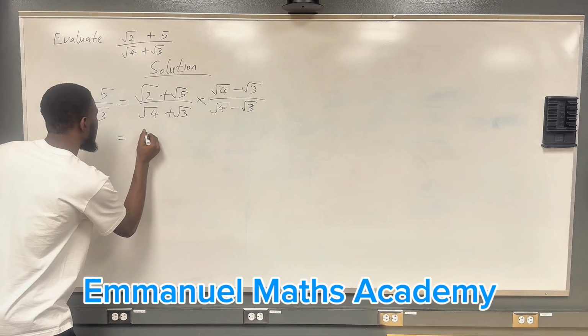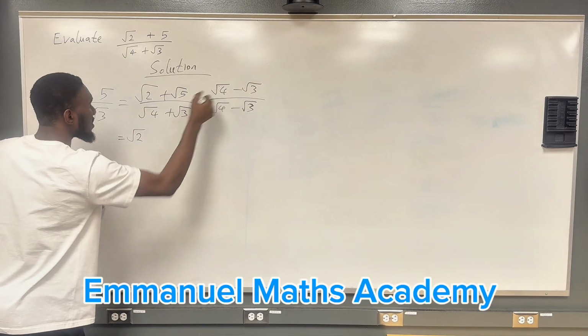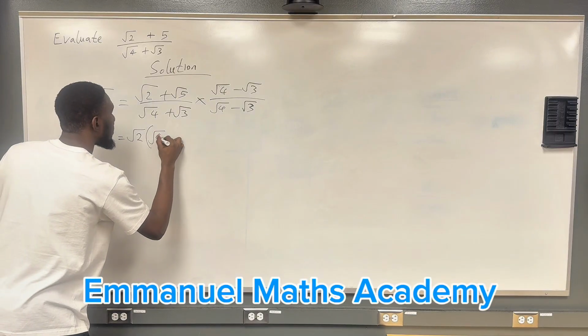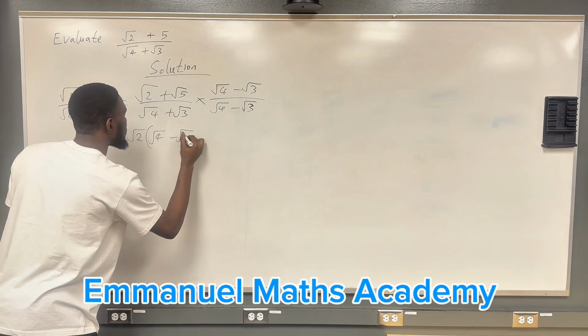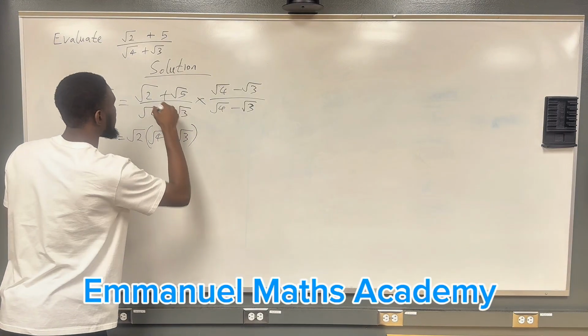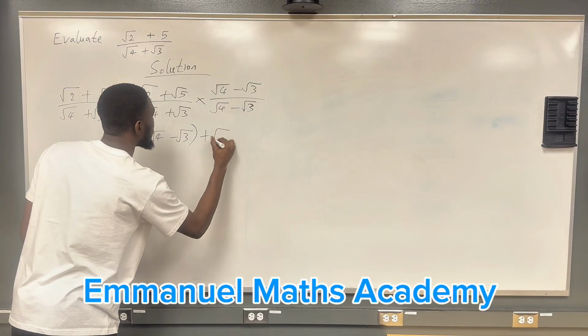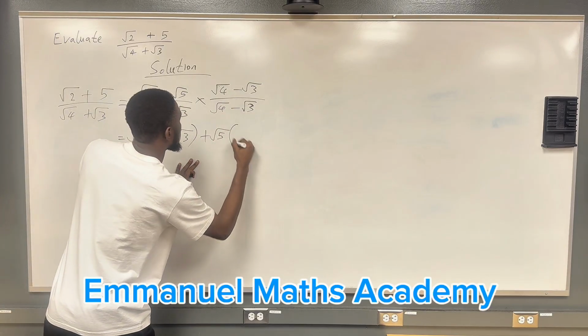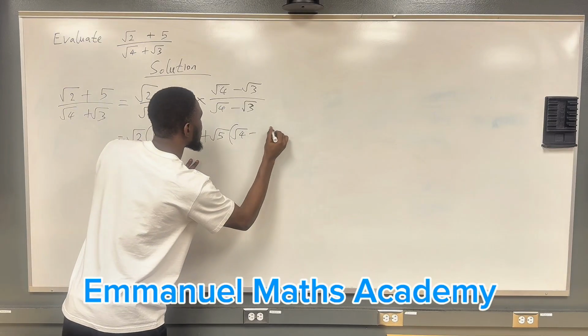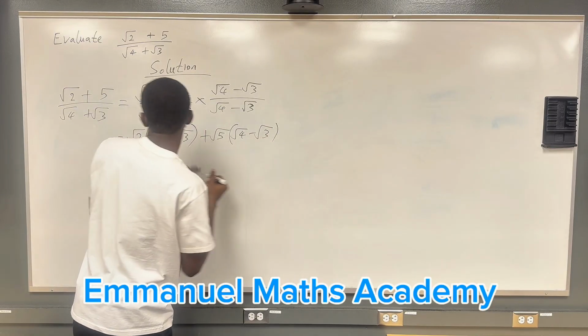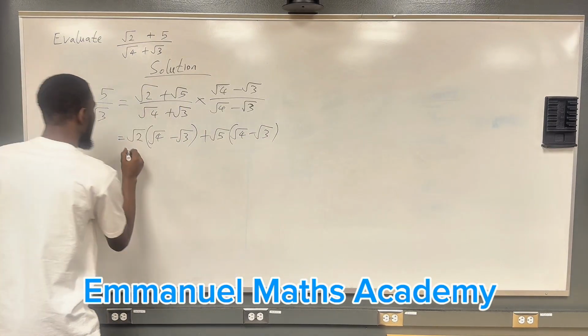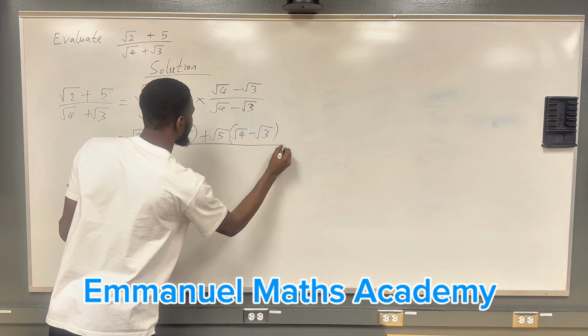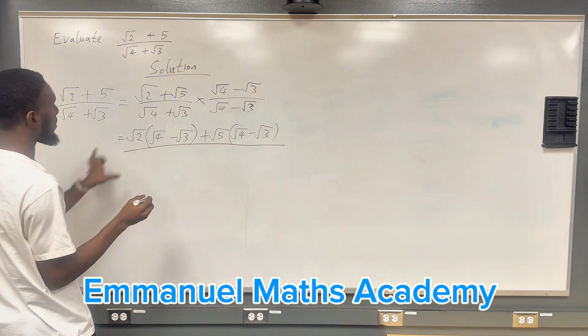We have root 2 into root 4 minus root 3, plus root 5 into root 4 minus root 3, over what we have here.